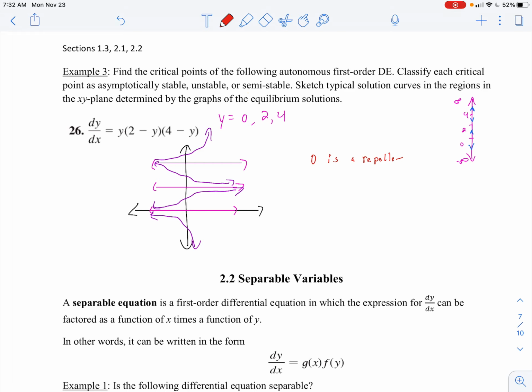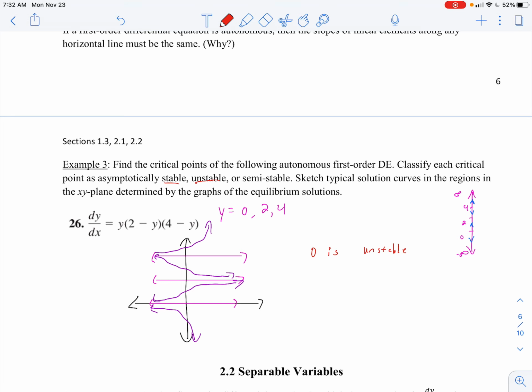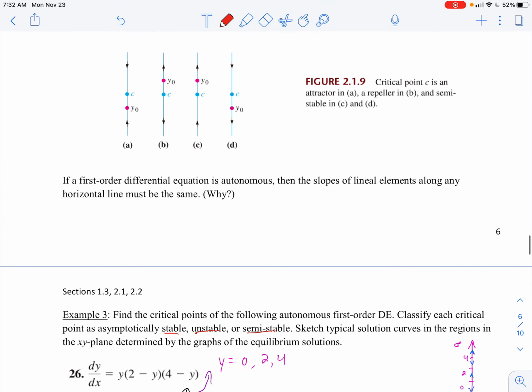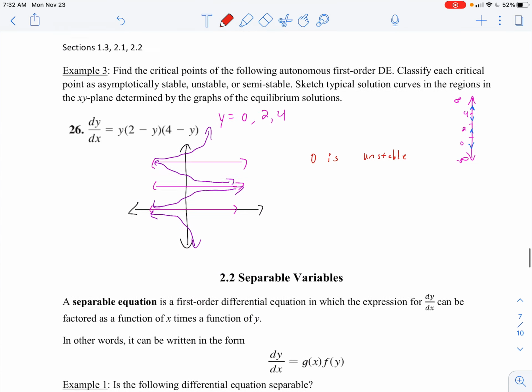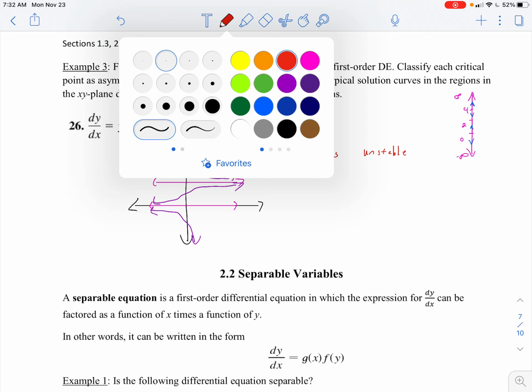A repeller is also known as unstable. So again, stable is when it is an attractor, unstable is when it's a repeller, and semi-stable is when it actually says semi-stable there. All right, so 0 is unstable.